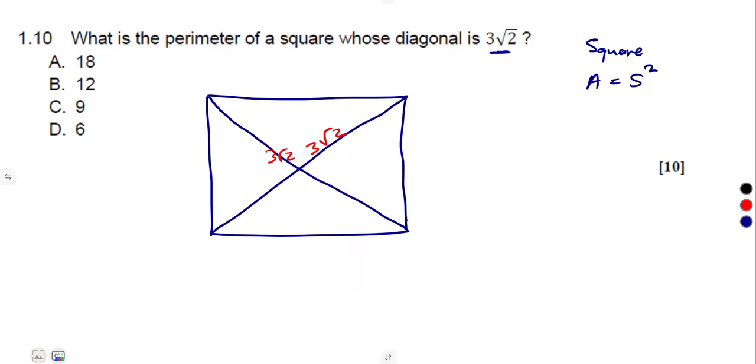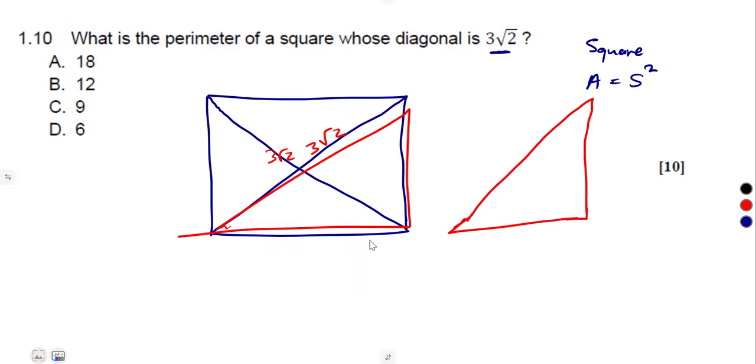In this case, we do not have the side, but from that diagonal we produce a triangle, like this. The diagonal is 3 square root of 2.